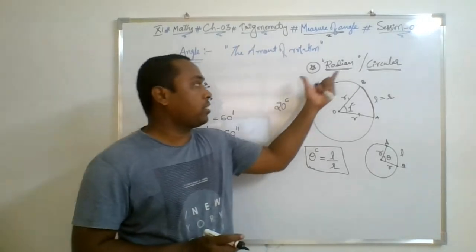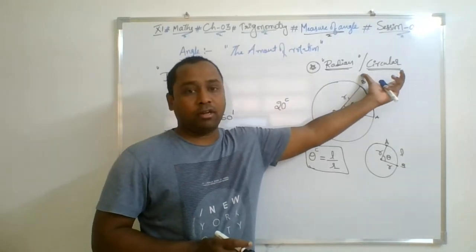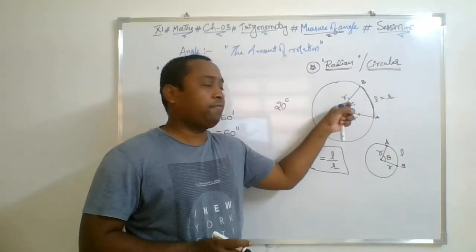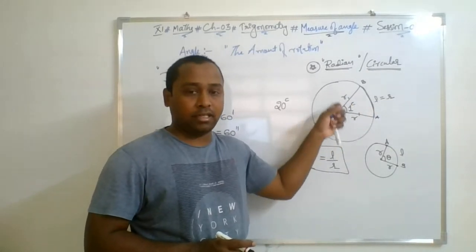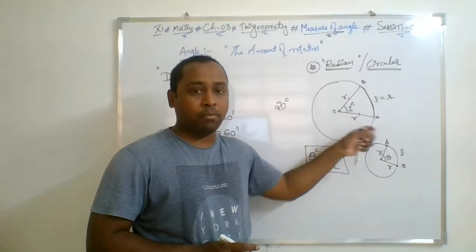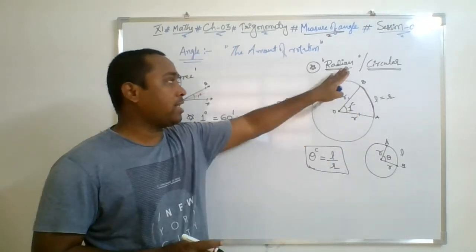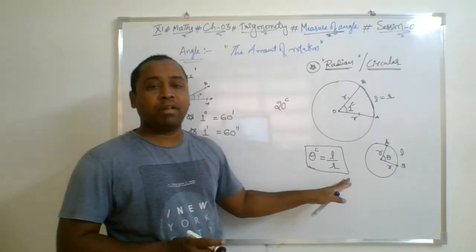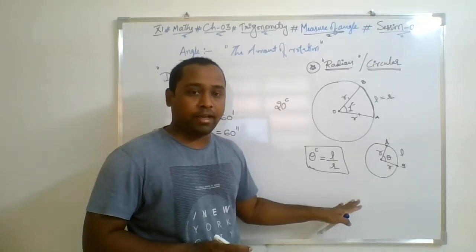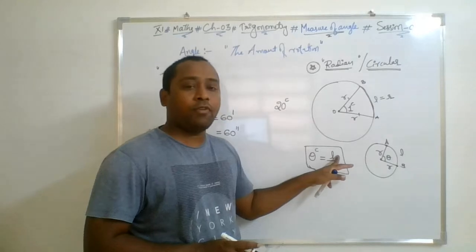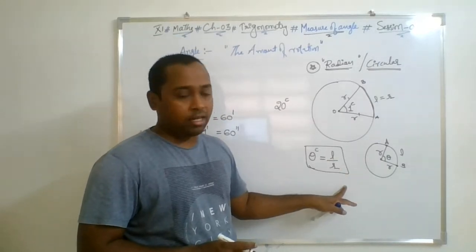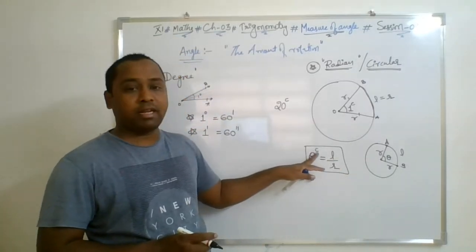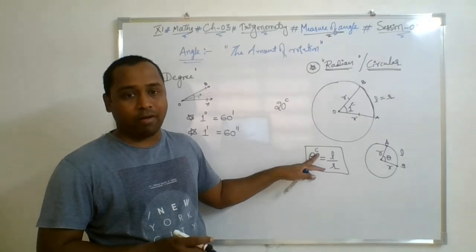So this is the radian measure or circular measure, and the amount of rotation at the center of this circle formed by the arc is known as the radian measure. It is calculated simply by the formula l by r, length of arc to the radius, and symbolically represented by writing c in the power.